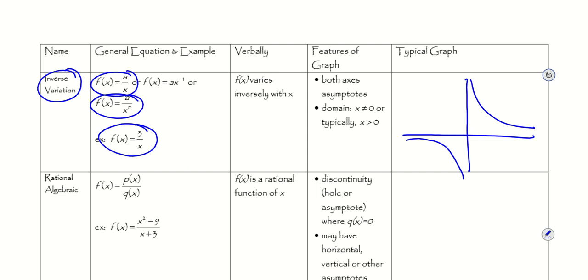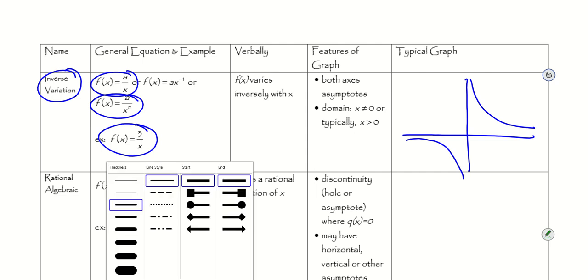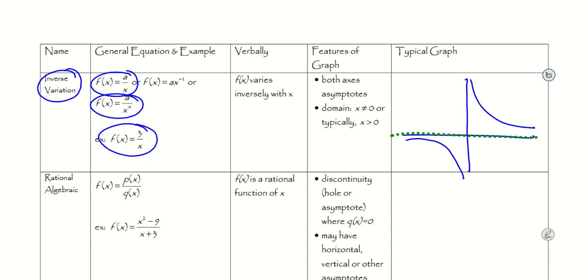This has two asymptotes: a horizontal asymptote along the x-axis, and a vertical asymptote along the y-axis. So finally, we come to rational functions.